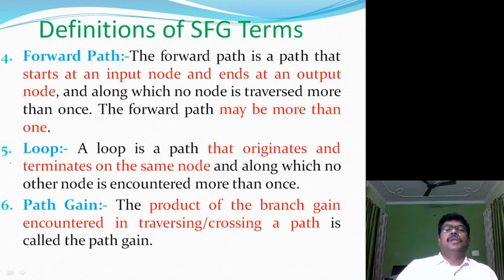Loop: a loop is a path that originates and terminates on the same node along which no other node is encountered more than once. So no node should be crossed more than once, but it should start and terminate at the same node.